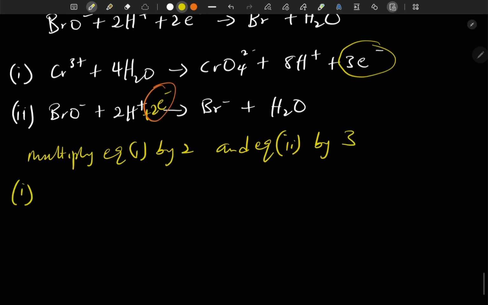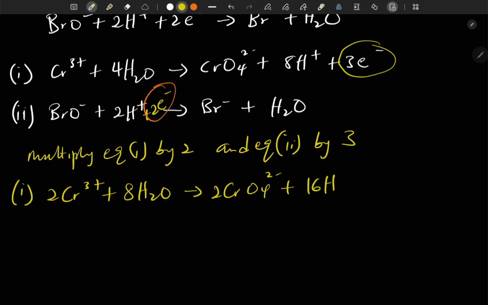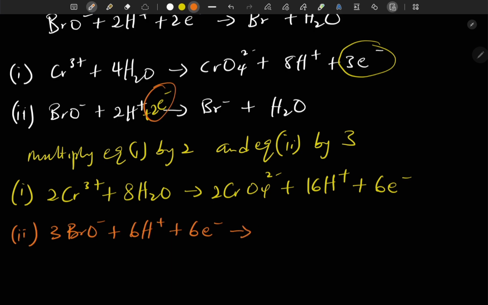If we multiply equation 1 by 2, that will be 2Cr3+ + 8H2O gives 2CrO4 2- + 16H+ + 6e-. Then equation 2 will become 3BrO- + 6H+ + 6e- gives 3Br- + 3 times 1, that's 3H2O.